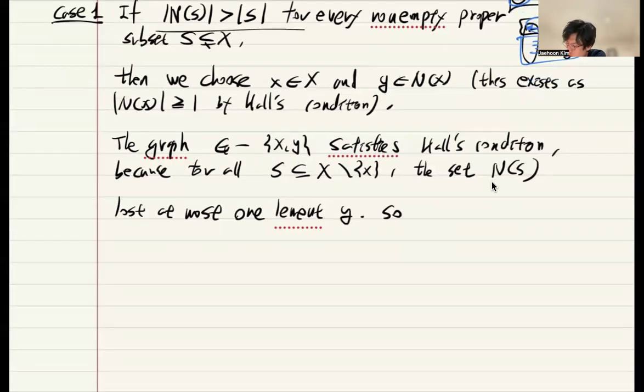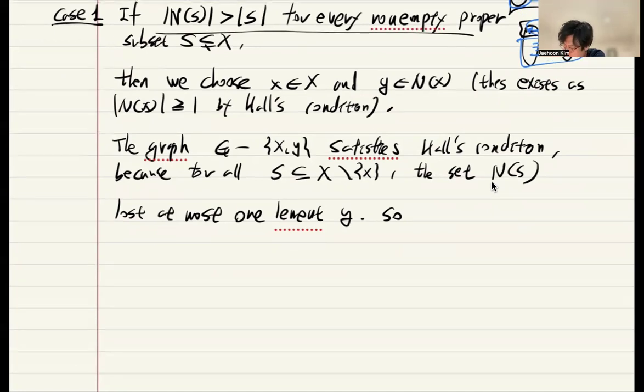So this condition, after deleting by one, implies that in this graph the corresponding condition is satisfied, with possible equality.